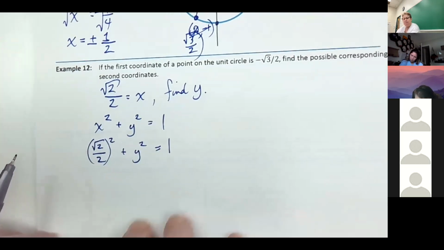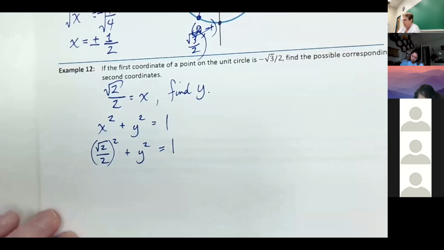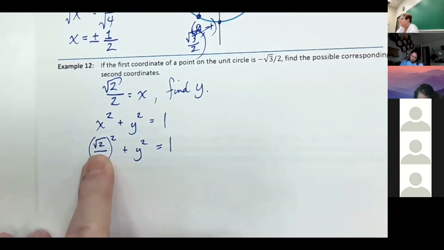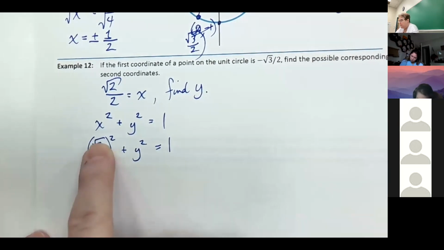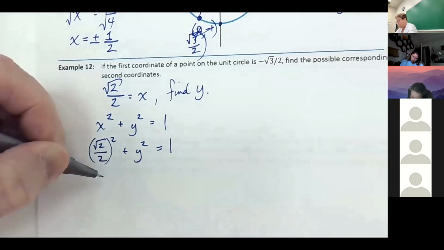And square root of 2 squared is 2, good.